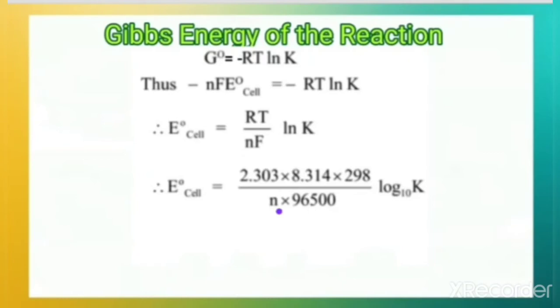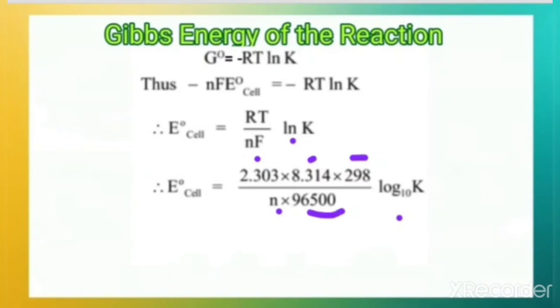Now if you substitute the values of R, T and F, the n value depends on the particular equation, so let us keep n as it is. The ln can be converted into logarithm log by multiplying with 2.303, and 8.314 is the value of R, the temperature is 298 Kelvin and the Faraday's constant is 96500.